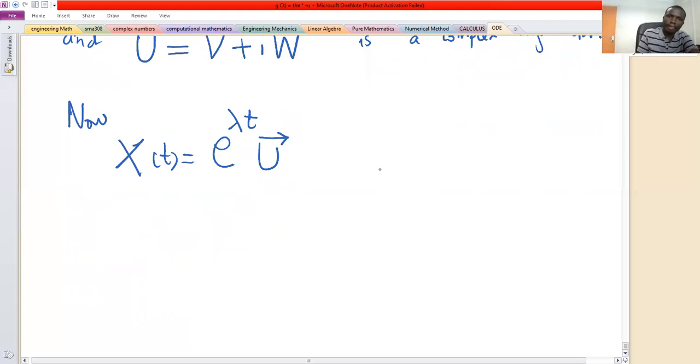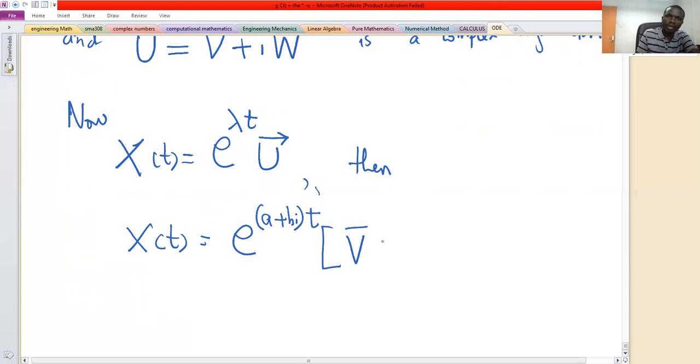Then it means that x of t will be given by e raised to the power (a plus b i) times t, times (v plus i w), just substituting the values of lambda and the values of u.